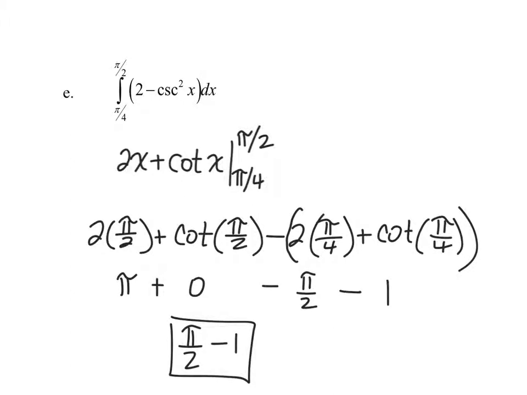All right, so that's going to be roughly about 0.57. So let's see what the calculator comes up with. Yeah, the one issue is typing in the cosecant squared.